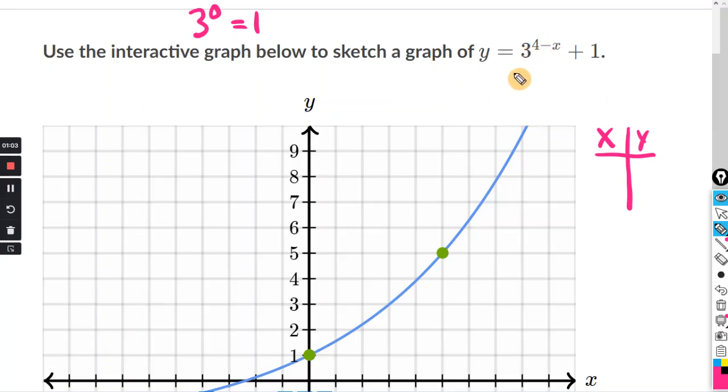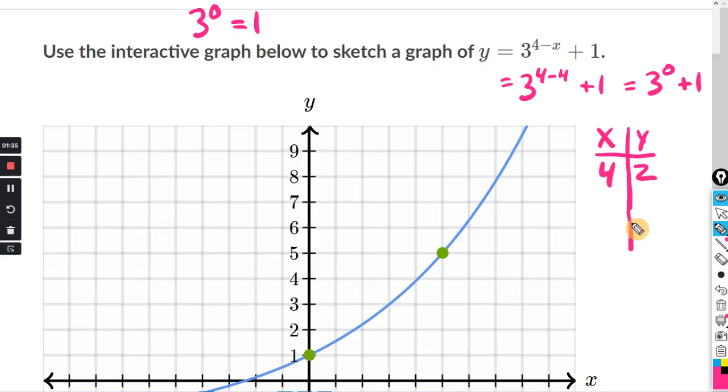So at x equals 4, we would have 3 to the power of 4 minus 4 plus 1. That's 3 to the 0 plus 1. We know 3 to the 0 is just 1, and 1 plus 1 equals 2. So at x equals 4, y equals 2.